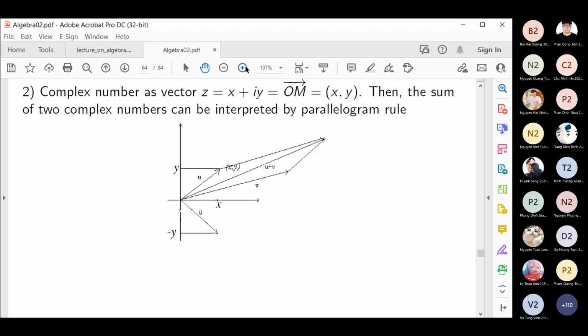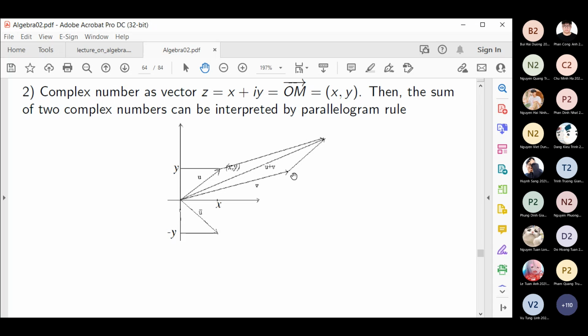So here the number x plus iy can be considered as a vector from O to M. Now this is O, the origin, and this is the endpoint M. So the coordinates of this vector are (x, y). Then what you have here is the sum of two complex numbers. Now you can see it is simply the sum of two vectors.